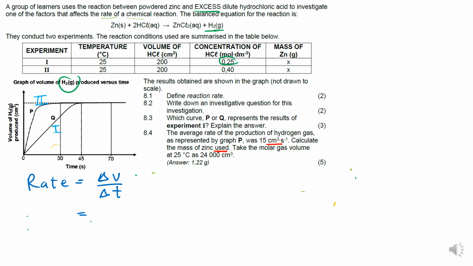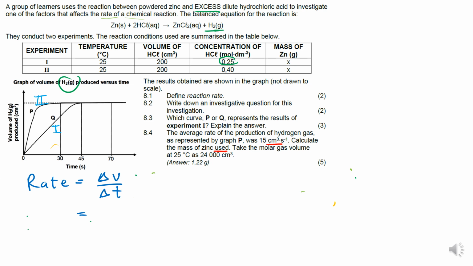So average rate for the first 30 minutes, you'll see that reaction P would have already reached completion. So everything would have been used up. That's why we are able to get how much of the reactant, the limiting reactant rather, would have been used up.